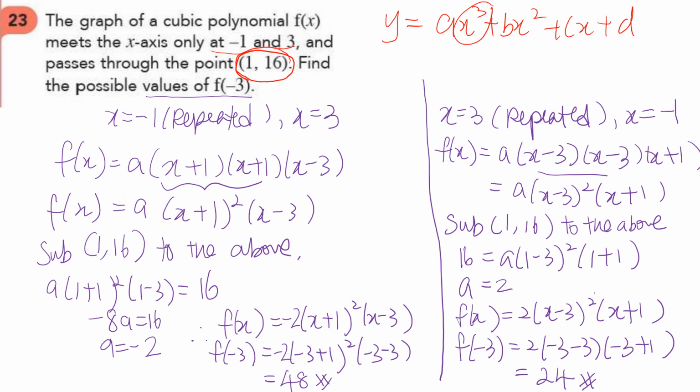Why did I do it wrongly? 16 equals a times 1 minus 3 squared, that's 4, times 1 plus 1, that's 2. 4 times 2 is 8. 8a is 16. My goodness, I found my mistake. There's a 2 there. You see? 2 bracket negative 6. Okay, you really need to have enough sleep if you want to do this. Negative 144. Finally.